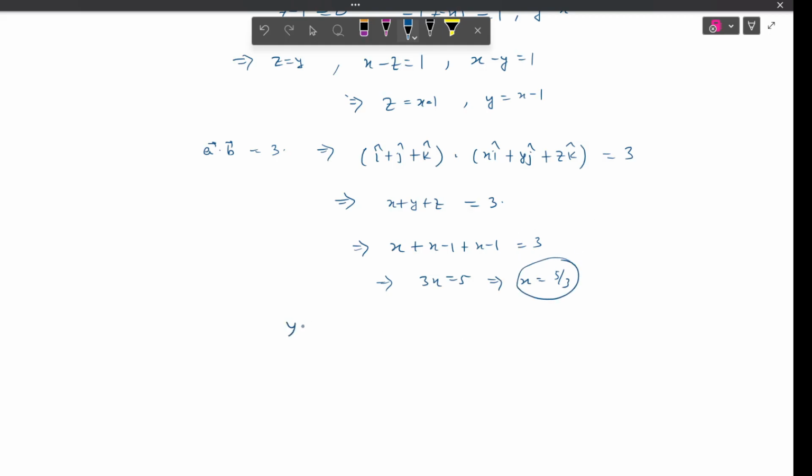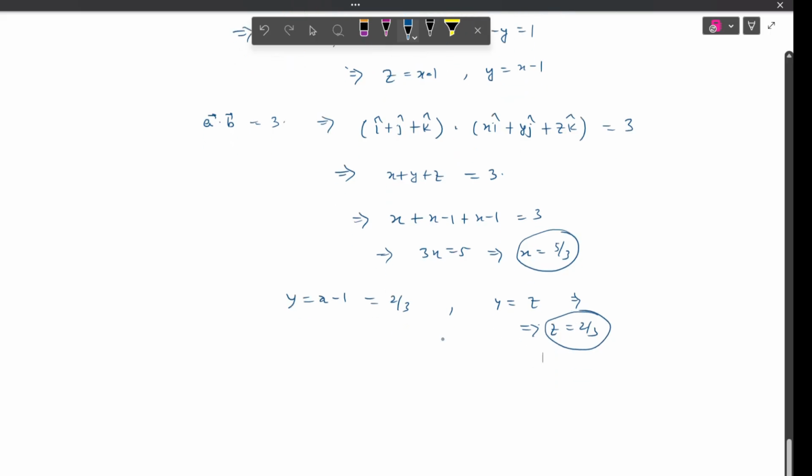So if we put y is x minus 1, that is 5 by 3 minus 1, that is 2 by 3. So similarly, we know that y is equal to z. That means z is 2 by 3.